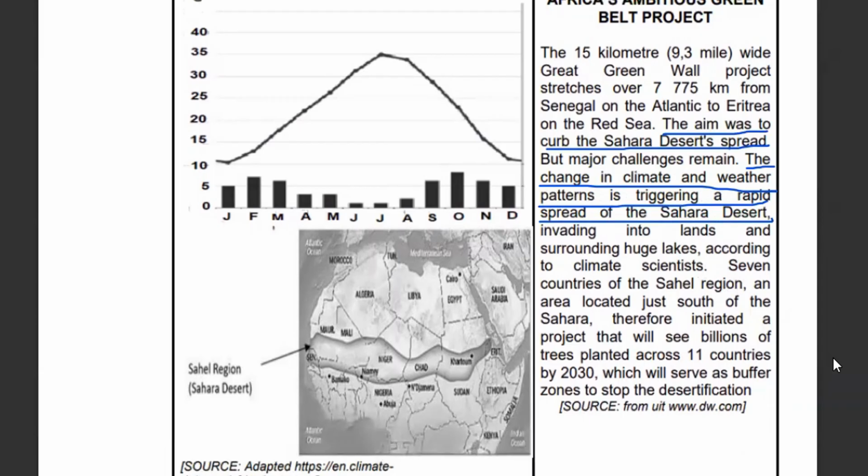Change in climate and weather patterns is the one that is triggering rapid spreading of the Sahara Desert. Calculate the temperature range in degrees Celsius between January and July. We need to come and check here. January, February, March. January is here. It's 5.